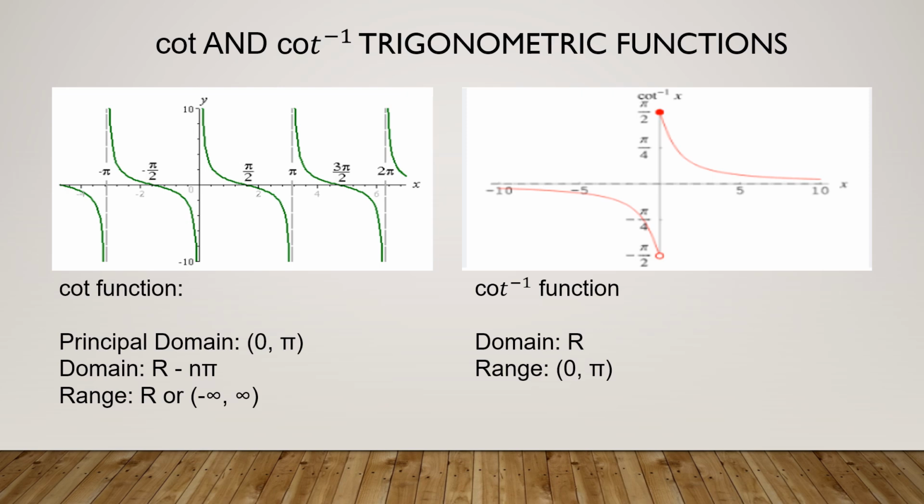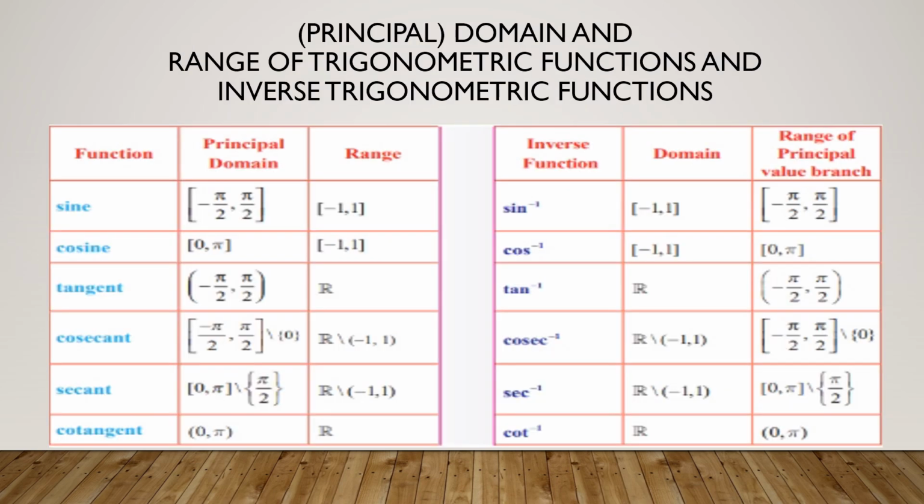For cot inverse, it will just be the opposite. Domain will be the range of cot, which is R, and the range of cot inverse is the principal domain of cot, which is open interval 0 to pi. Now we have listed the domain and range for all the trigonometric and inverse trigonometric functions. This chart should be there in your mind always.